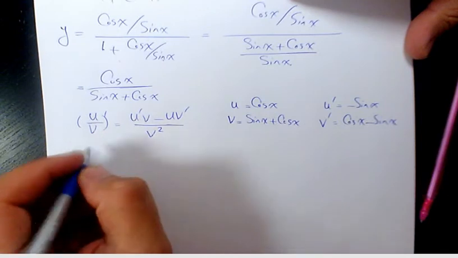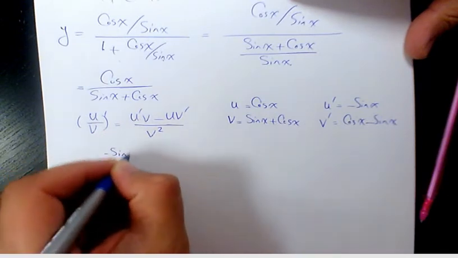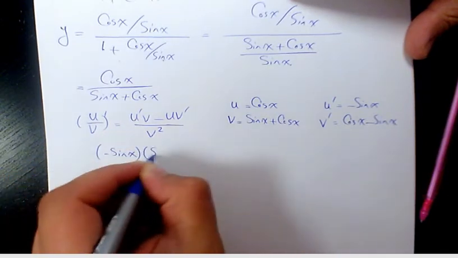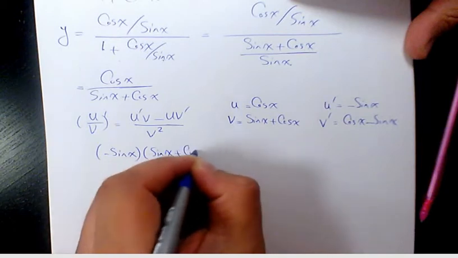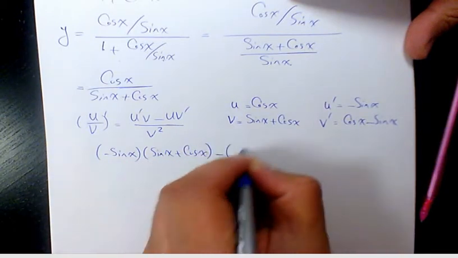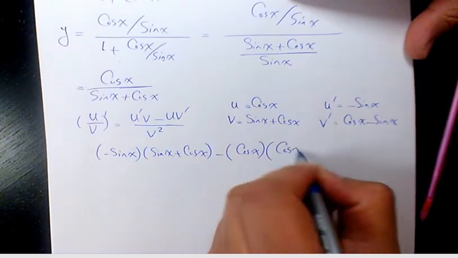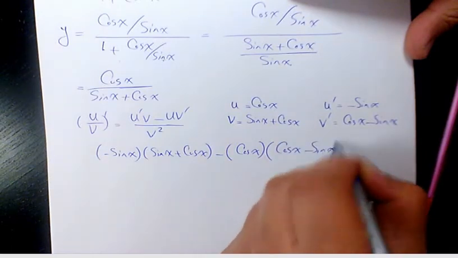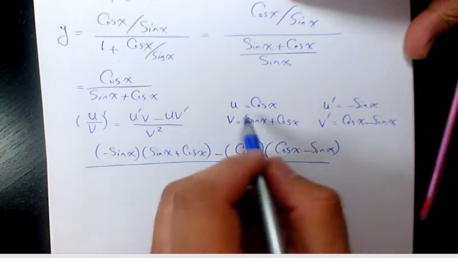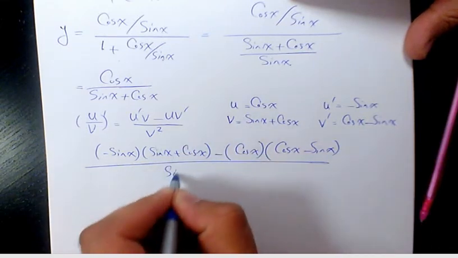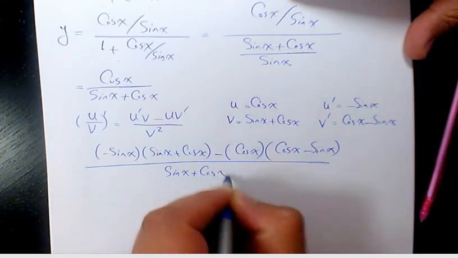So u prime is negative sine x times v, which is sine x plus cosine x, minus u, which is cosine x, times v prime, which is cosine x minus sine x, divided by v squared, which is sine x plus cosine x squared.